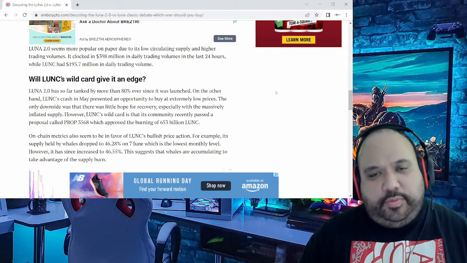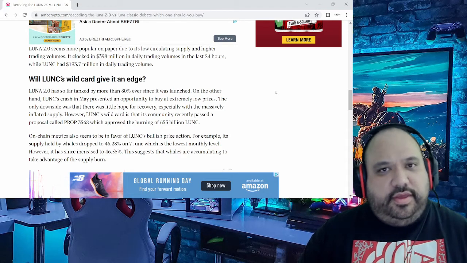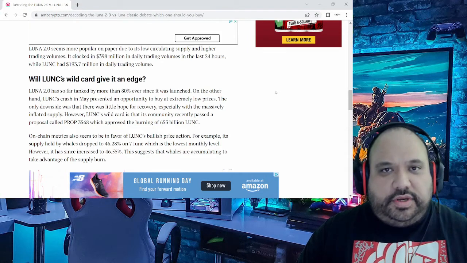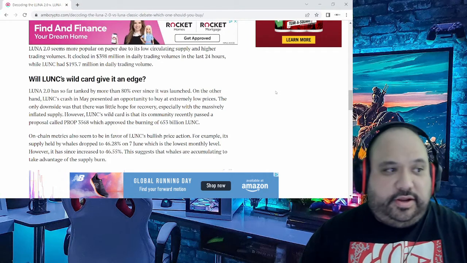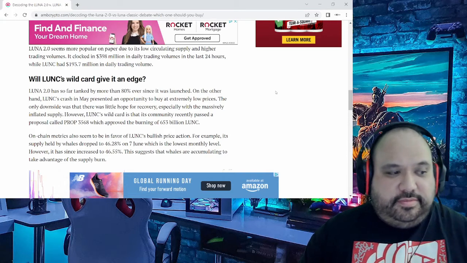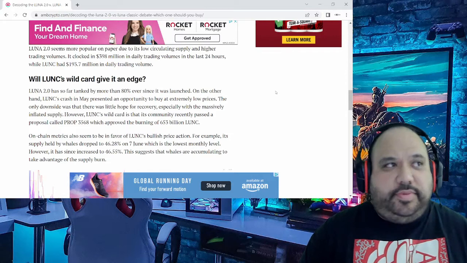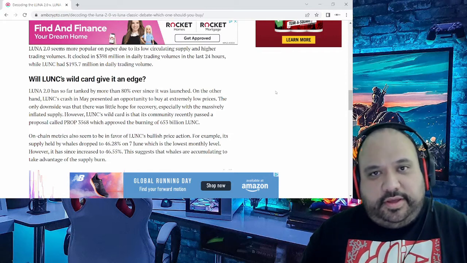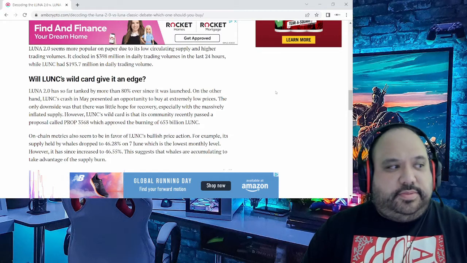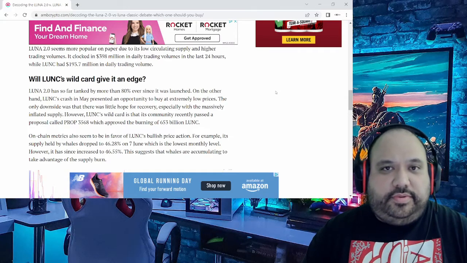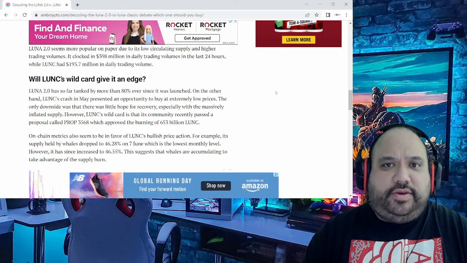You had to have a certain amount of Luna Classic to get the airdrop. Then the airdrop happened, then the dust kind of settled a little bit, right? And the other big factor was that some guys from the Classic ecosystem were going to come on over to 2.0. Other than that, do you really see a lot of value in this?